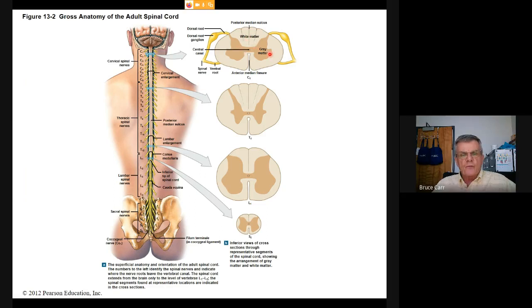This always reminds me first of a butterfly. It surrounds the central canal on the midline and is symmetrically arranged around the midline, with this anterior fissure and the posterior sulcus dividing it into several characteristic folds.